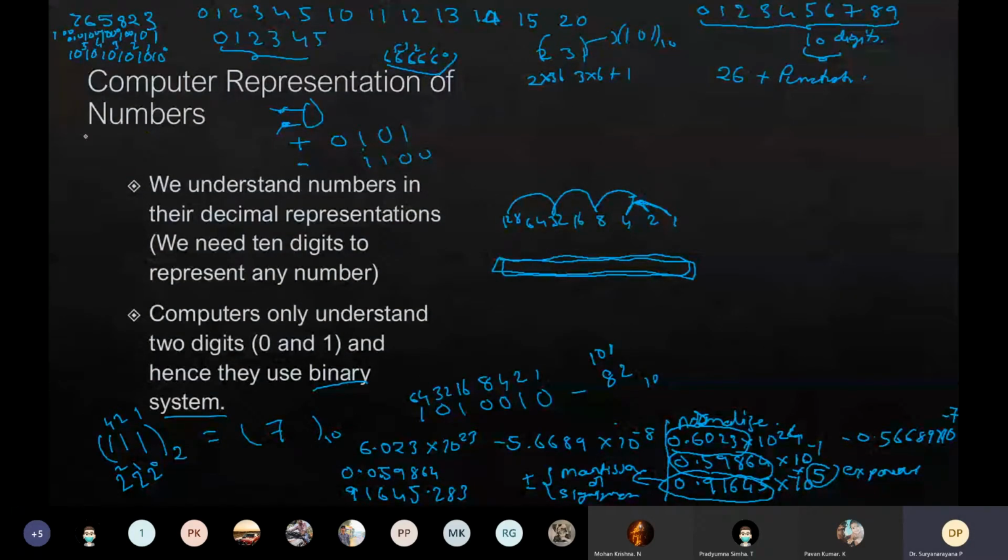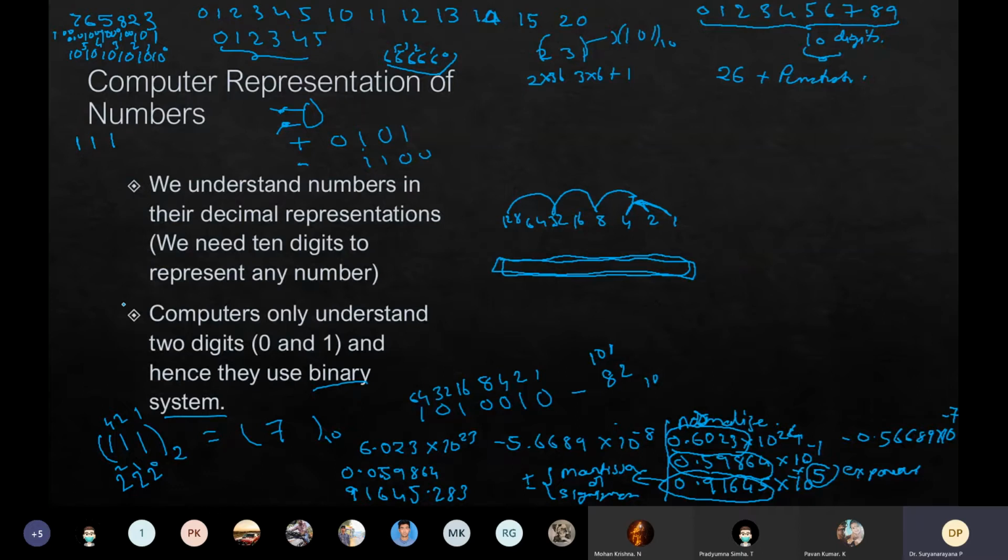If I write this number in our system, you will immediately identify that this is 100 plus 10 plus 1, 111. But if I tell you that this is a binary number, then you have to understand, in decimal number, the place values are 10 to the 0 or ones, 10 to the 1 or tens place, 10 to the 2 or hundreds place.